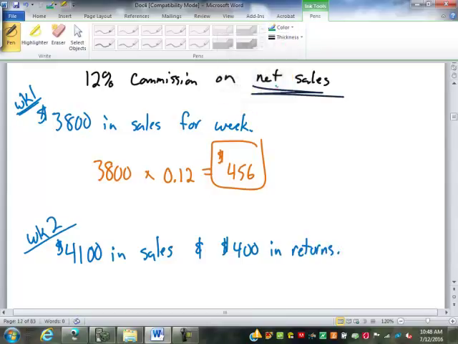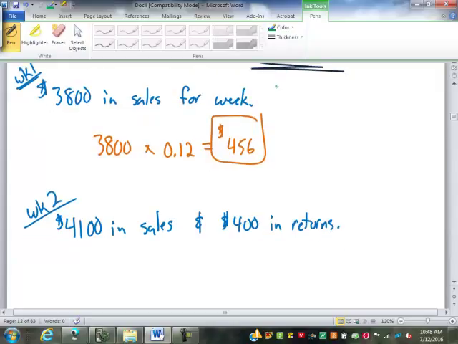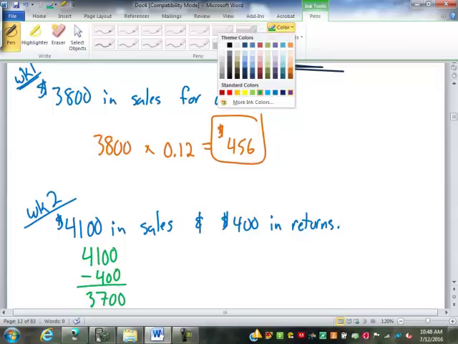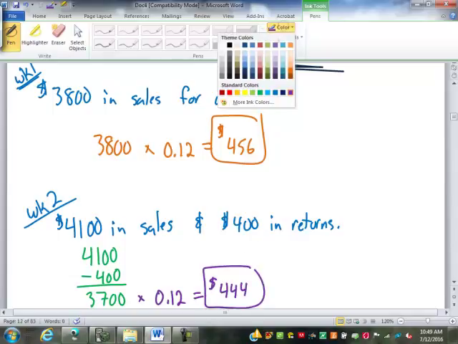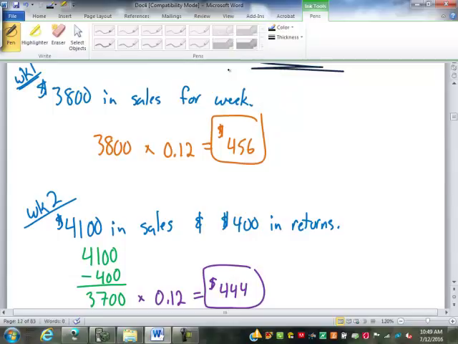What does that mean? Well, your net sales: you have your 4,100 in sales minus 400 in returns, which gives you 3,700. 3,700 is your net sales, which will be multiplied times the 0.12, which is what, 444. That would be your pay for that week. Does that look right? Any questions?